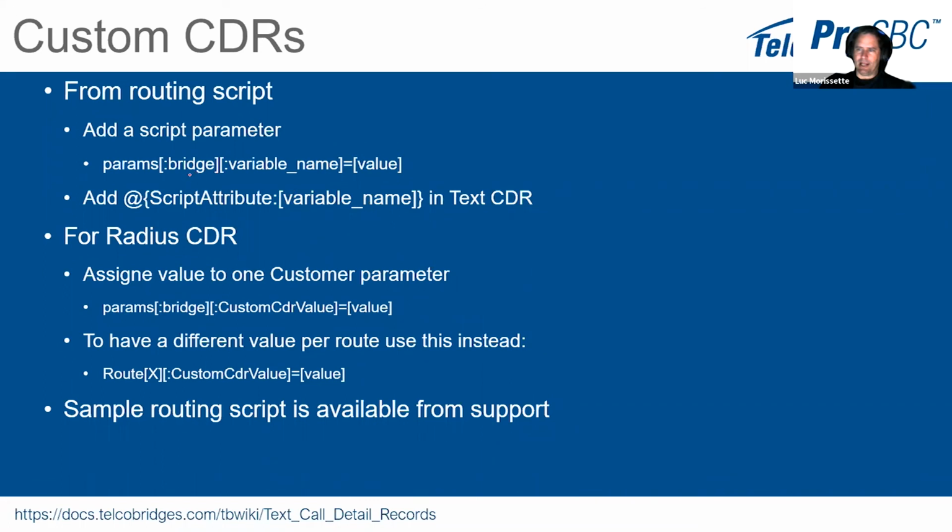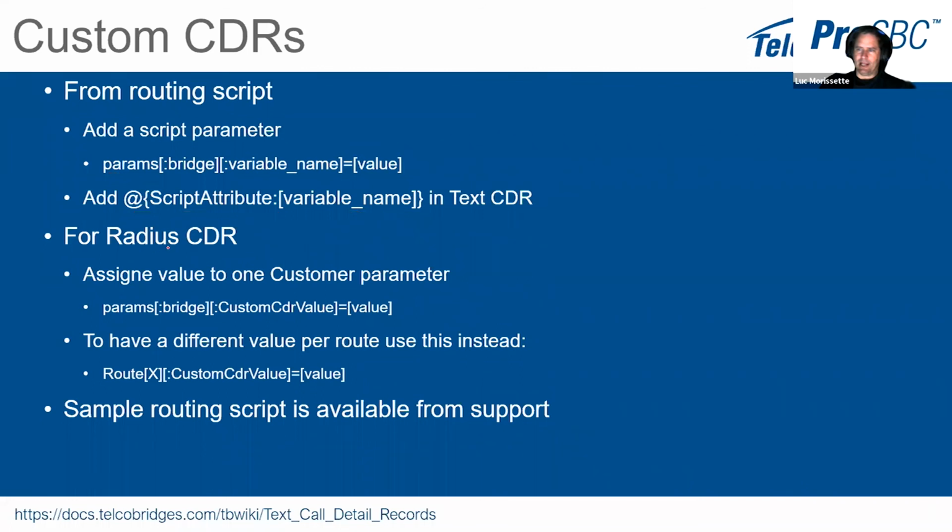There are actually two things to do. One is in the text CDR box, you need to add this, which has the variable name. And in the script, you need to have this line, which is a variable name, linked to the bridge information. So when it goes to the CDR, it will be pushed as the same name here.